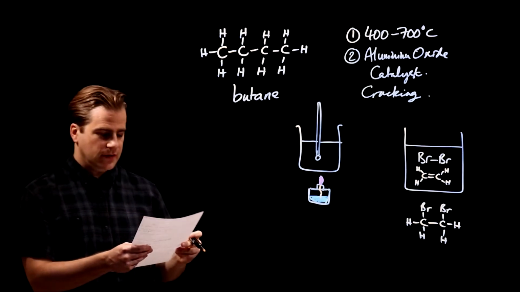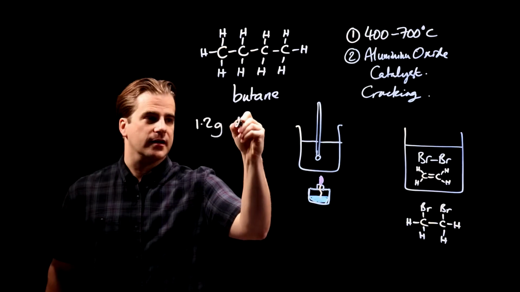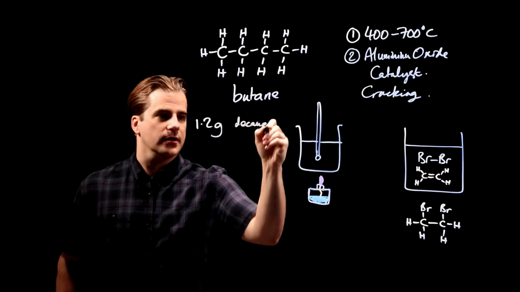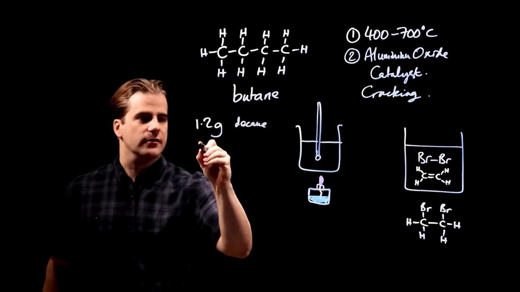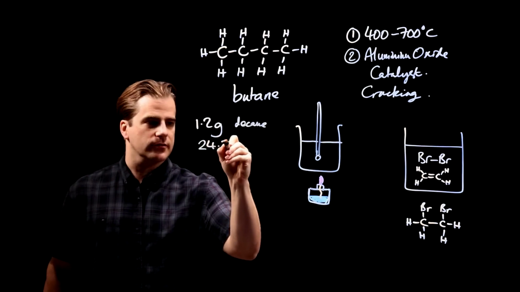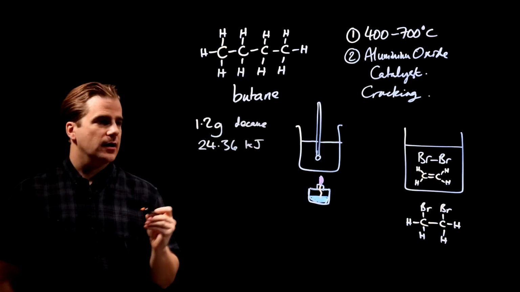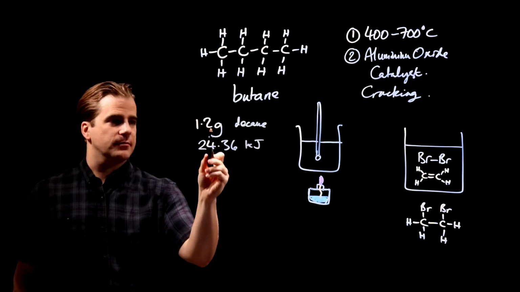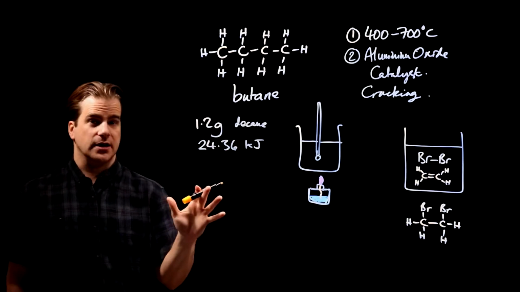So we're told that 1.2 grams of decane releases 24.36 kilojoules. And we have to work out the energy released by 1 gram of decane. So this is maths, it's a ratios question.